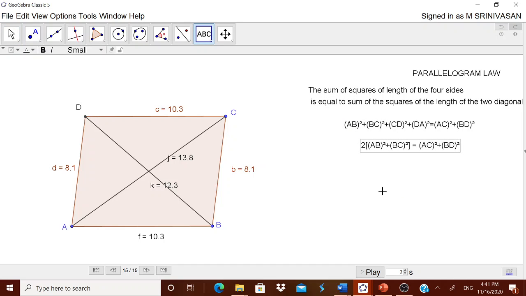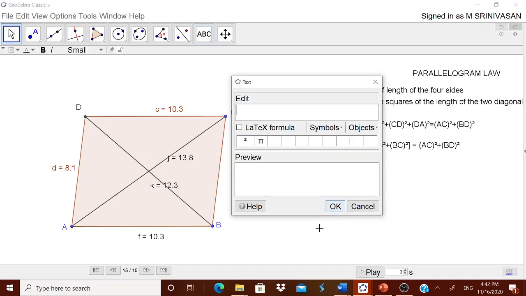Now you should be a bit careful here about AB square plus BD square. Once again I will go for it: 2 times, I will start the bracket. In place of AB, I have to put this F, because whenever I am moving it, that F also moves.